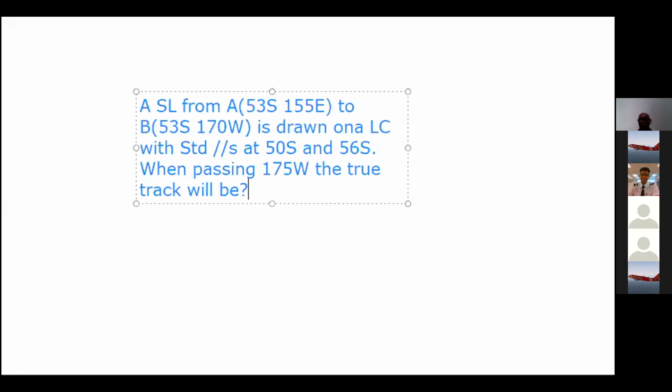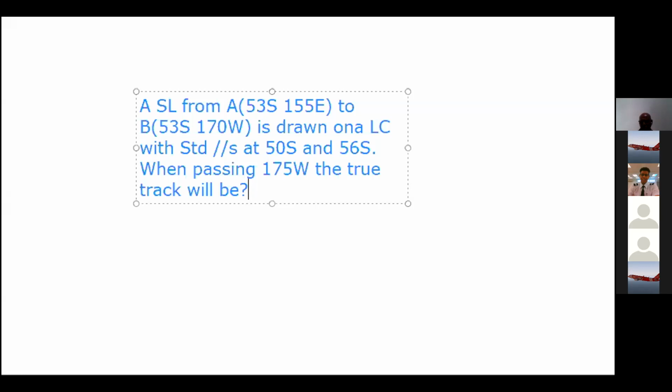After that, 90 minus 12, 078. That will be your heading when you're passing 175. Because if you go to 170, the convergence is 14 degrees, so it will be 7 degrees there. Here it is 6 degrees.